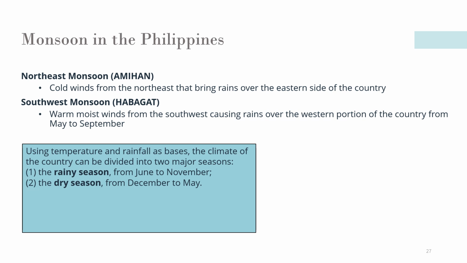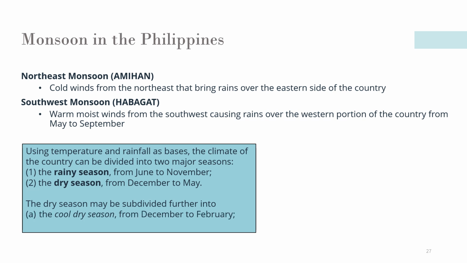And this dry season could be divided further into the cold dry season, which is from December to February, and the hot dry season that is from March to May. So these are all influenced by the temperature and rainfall basis of the climate of the country.